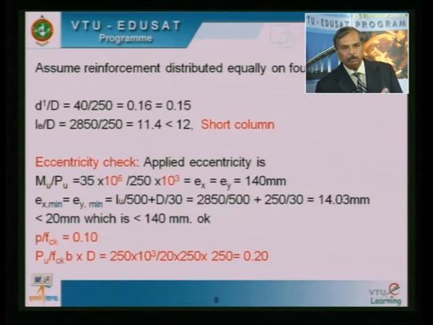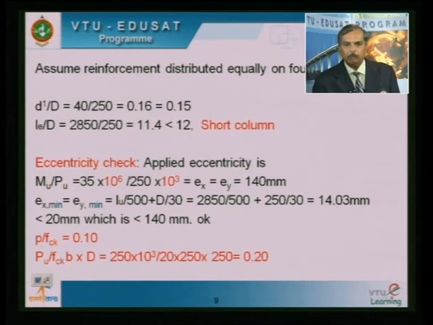But the eccentricity because of the applied moment, you can see here Mu by Pu, is 140. So the minimum eccentricity is significantly less than the eccentricity due to the design loads. So we need not worry about the minimum eccentricity. You can simply go ahead with the given moments as the design moments. Now p by fck is 0.1.